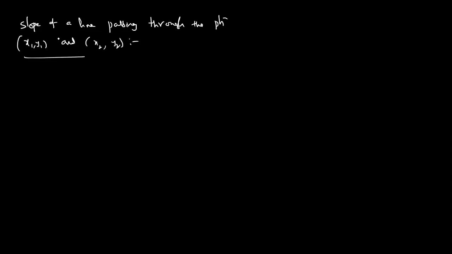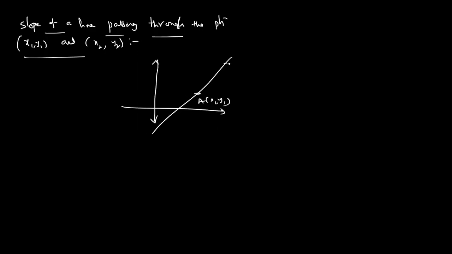That is the heading. So how to find this? Dear students, this is A (x1, y1), B (x2, y2). Clear? So what is the formula?